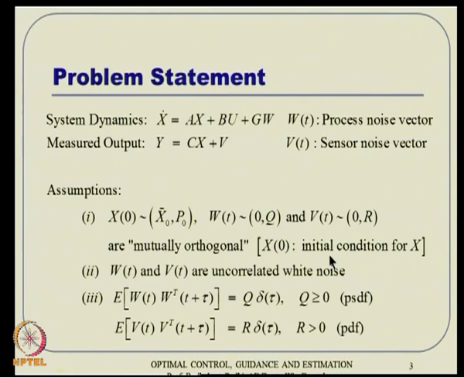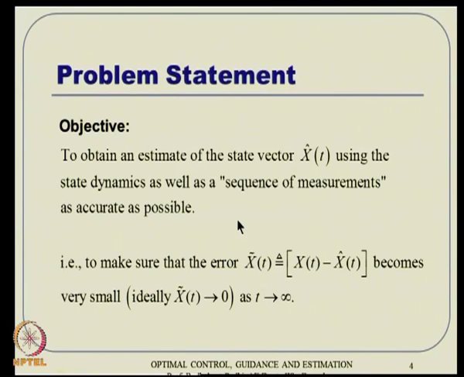Now, let us see how you propose a filter dynamics, and how you compute the gain associated with that. That is the objective. Our problem statement in objective sense is this: our main objective is to obtain an estimate of the state vector x hat of t using the system dynamics, as well as the sequence of measurements, as accurately as possible.